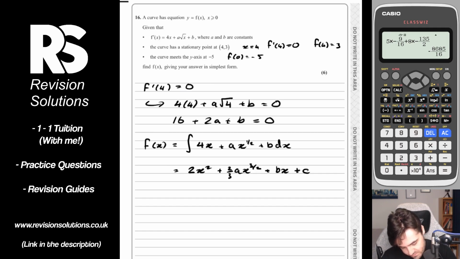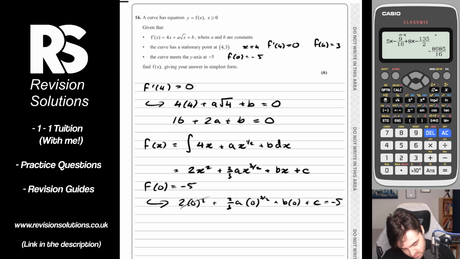So we've got 3 unknowns now in this equation, but we can actually use one piece of info really quickly, because what we notice about 0, minus 5 is if we plug in 0, we're just going to be left with the c. So we can find c immediately using that. So if we plug that in, f of 0 equals minus 5, that's going to produce 2 lots of 0 squared plus 2/3 a 0 to the 3 over 2 plus b times 0 plus c must equal minus 5.